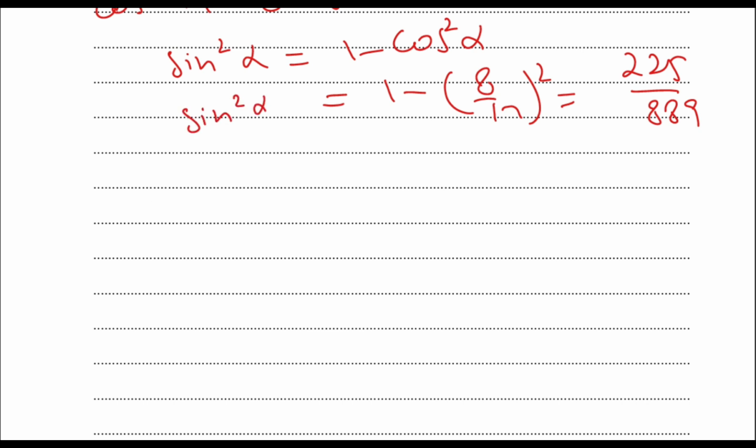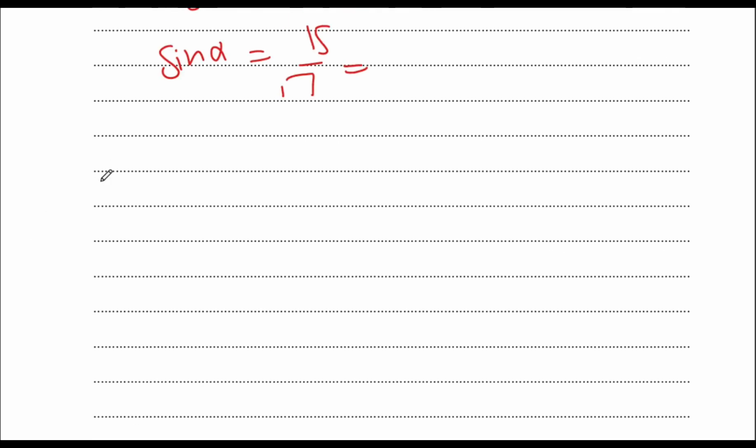As we all know, we have to calculate sin alpha. It will be 15 by 17. I am having trouble with this stylus. So 15 by 17 is sin alpha. Next we have to calculate tan alpha.